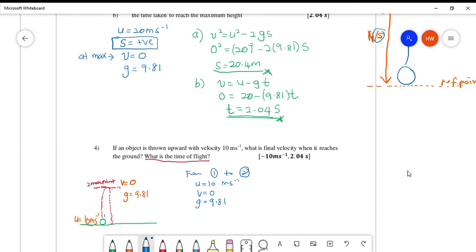Kita nak cari time. Okay, jadi kita boleh guna V equals to U minus GT. Kita dapatkan 0 equals 10 tolak 9.81 T. So, bila tekan kalkulator, kita akan dapat time daripada 1 ke 2 ialah berapa?